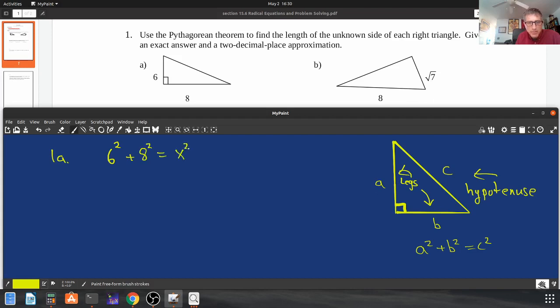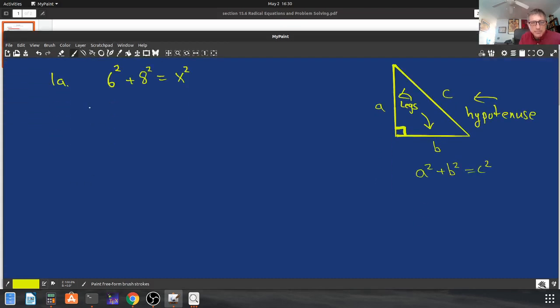If you want to make the unknown your x, that's fine. So we're just going to solve that. 6 squared is 36, and 8 squared is 64, and that's equal to x squared. So 36 plus 64 is 100, equal to x squared.